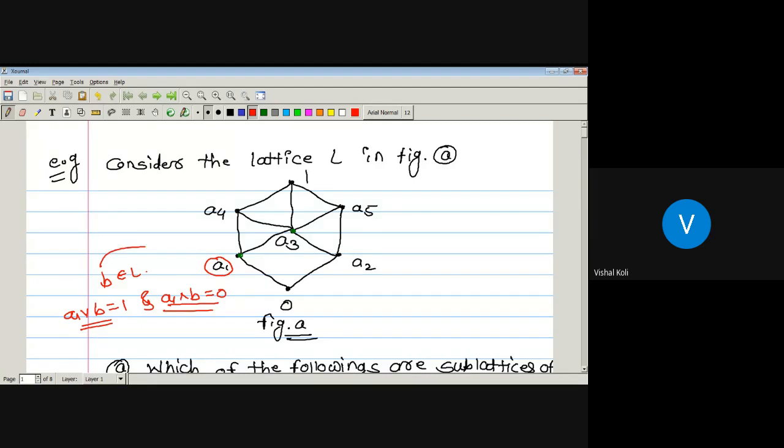Such an element B we have to find out if it exists. If you get one, tell me such an element; if not, that is fine. It will be A5, sir. Whether A1 join A5 is 1.